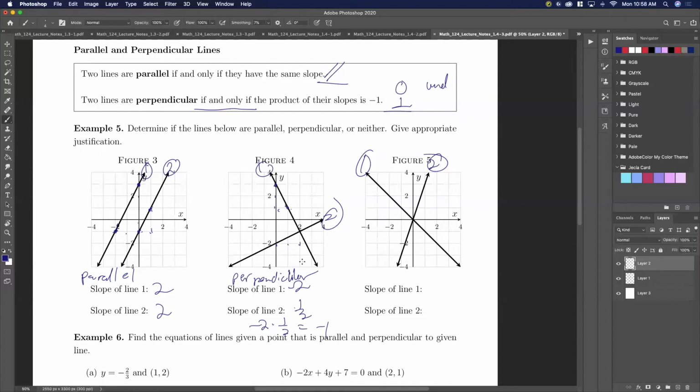Okay. So for figure 5, go ahead and find the slope of line 1, find the slope of line 2, and state if it's parallel, perpendicular, or neither. I'll give you guys a second to work on that.